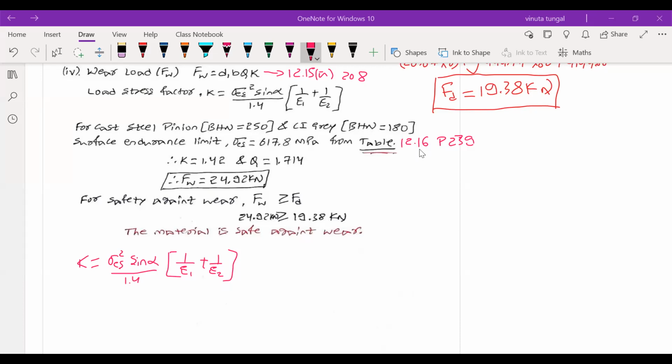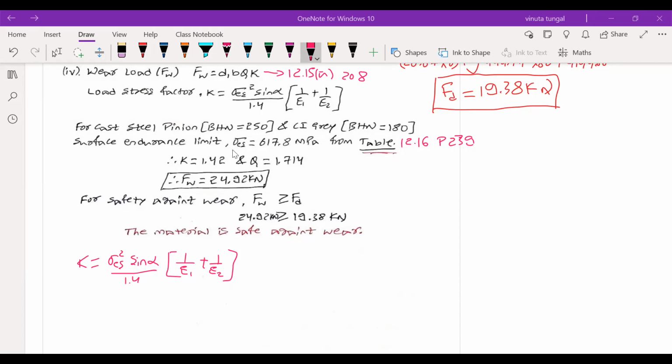For this sigma_es, as the given pinion material is cast iron, they have mentioned the Brinell hardness number, it is 250, and the other gear is given as gray cast iron, and its Brinell hardness number is 180. From this, I can use table 12.16, which is there in the data handbook, page number 239.